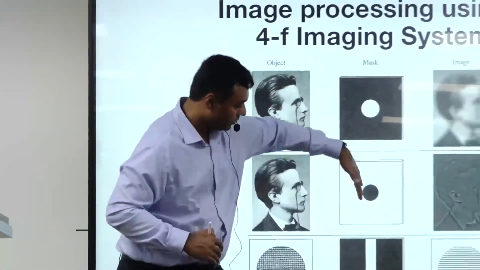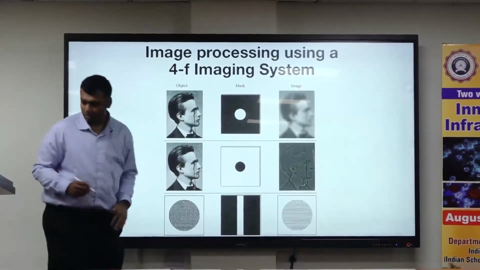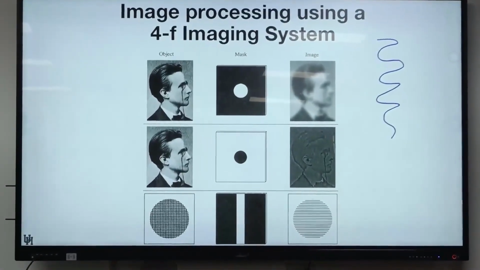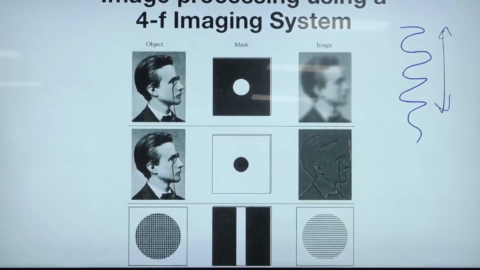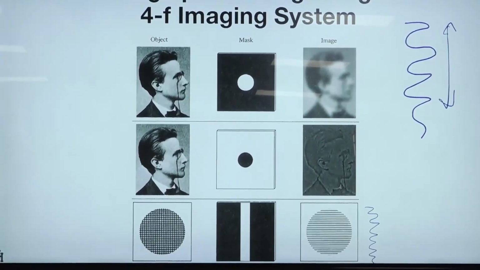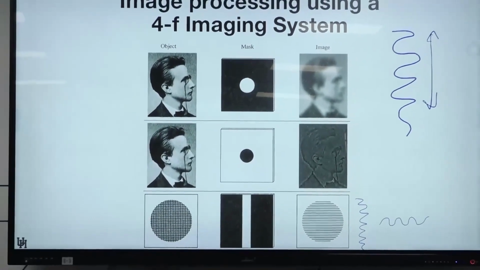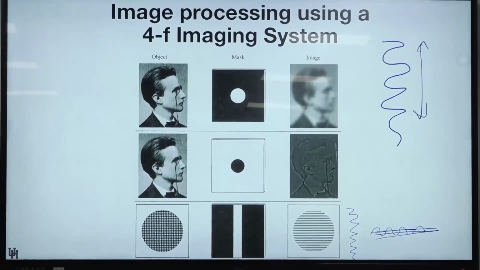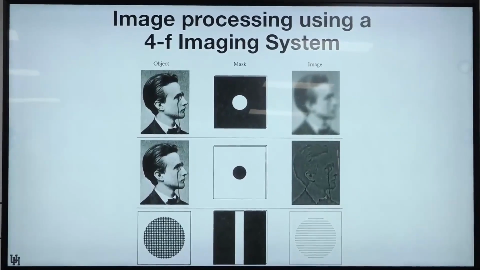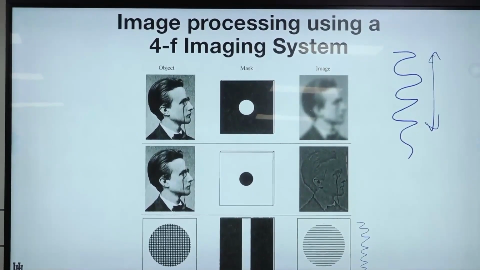Along the vertical axis, the spatial frequencies like this, it will keep all of them. So this is high frequency along the vertical axis. Along the horizontal axis, previously it was like this, and because this is high frequency, it's just getting removed. So these frequencies are essentially getting removed.